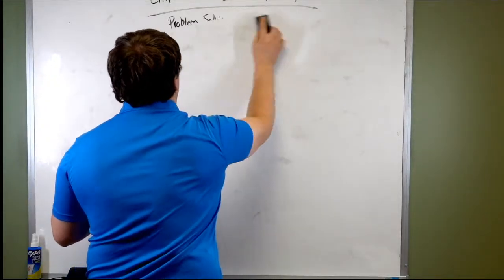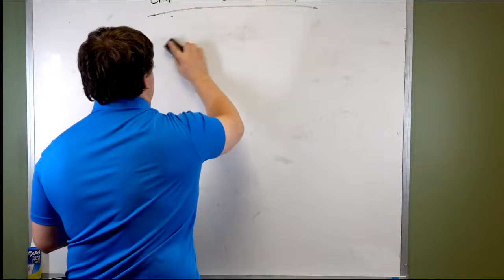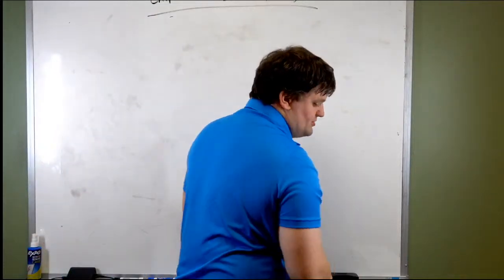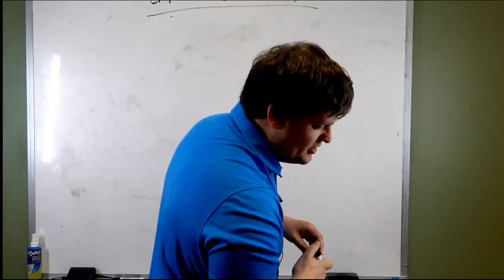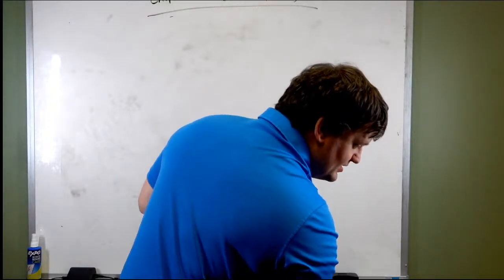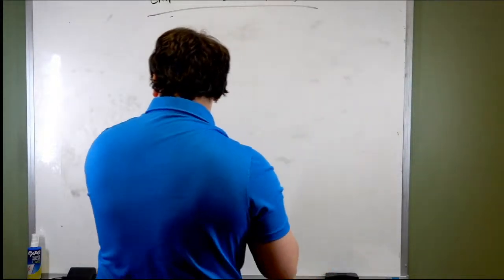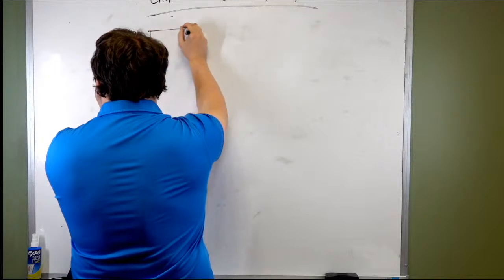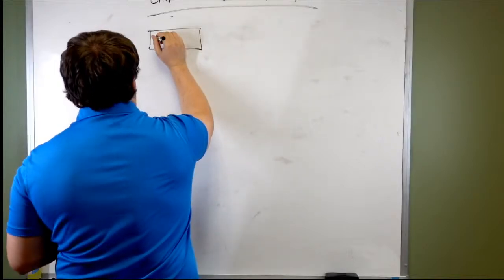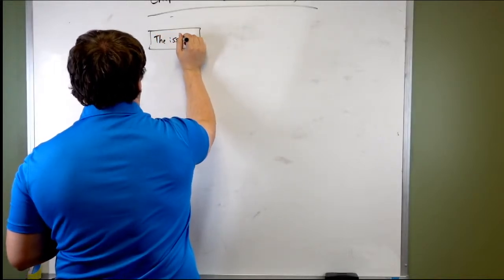So we're going to talk about Pugh's decision matrix. Now the book lays out the Pugh's decision matrix the same way it does for a lot of these things. First of all, you have a number of boxes that are created. The author labels them as the issue.